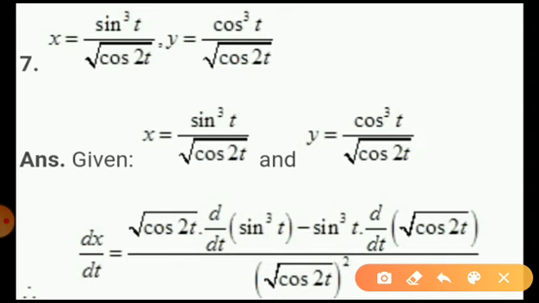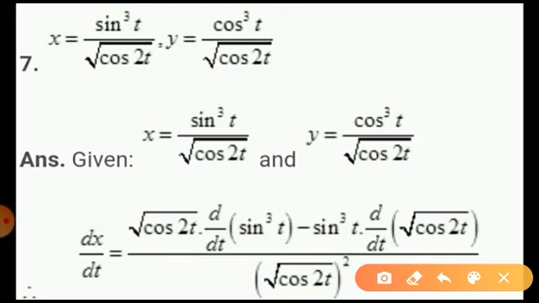I have written x, I have written y. I have considered x first. So dx by dt, since it is of your u by v form, can we make use of the quotient rule? What was the quotient rule? Denominator into derivative of numerator minus numerator into derivative of denominator, by denominator square.